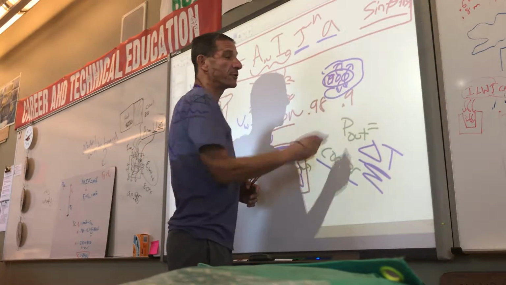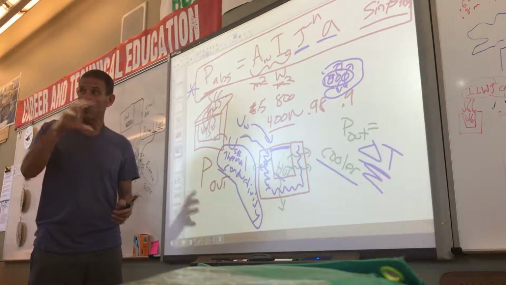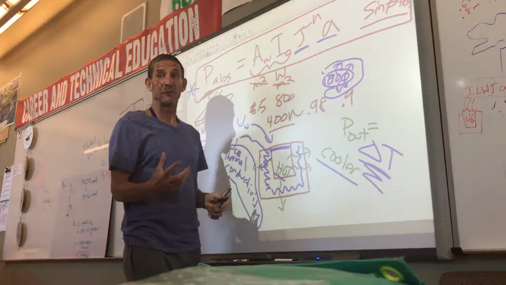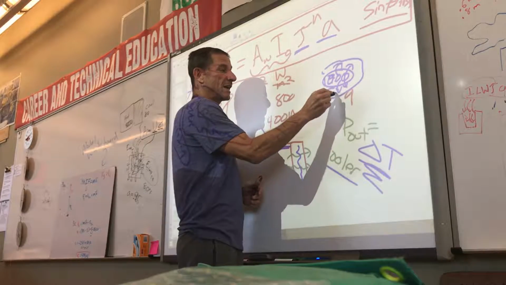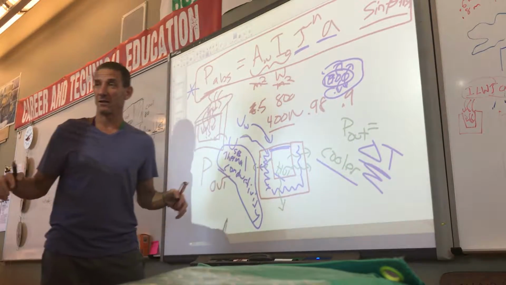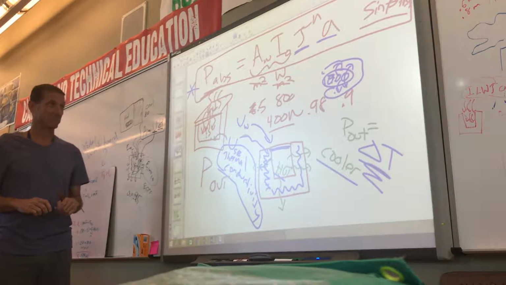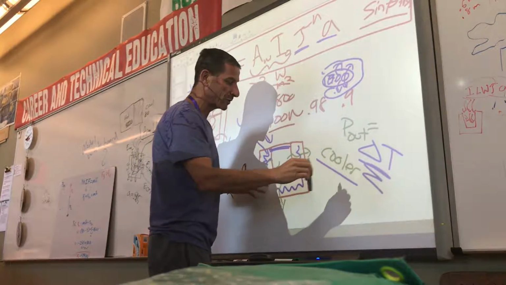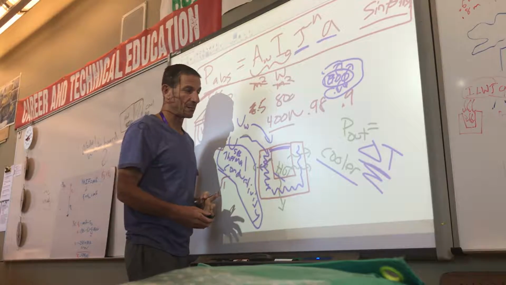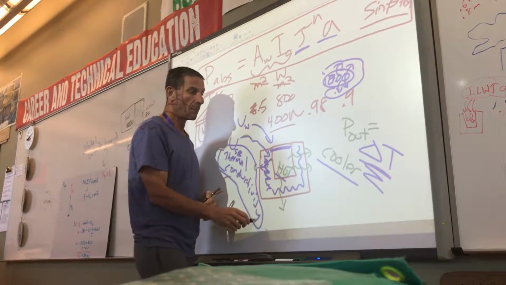If this is an 800-degree potato and you grab it, now there's a big difference between the temperature of the potato and the temperature of your hand, and the energy flows faster.